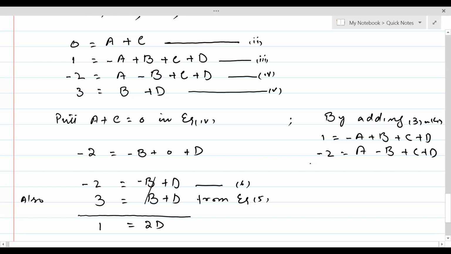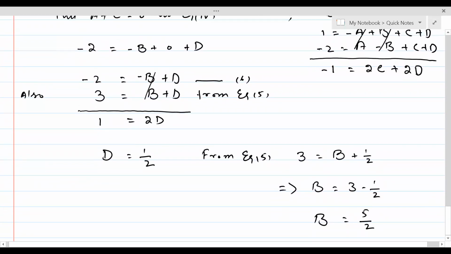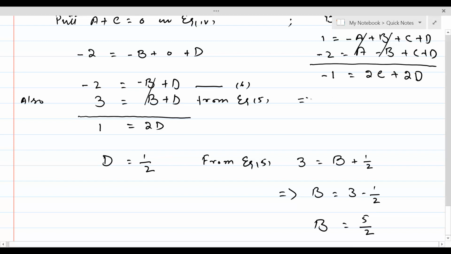So when we add this up, a and minus a are cancelled, b and minus b are cancelled. 1 minus 2 is minus 1, equal to 2c plus 2d. And because we have calculated the value for d, therefore we can get c. So minus 1 is equal to 2c plus 2 times d, which is 1 over 2. This means the 2 is cancelled with this 2. So 2c is equal to minus 1, and the other minus 1 goes to that side. This gives us c is equal to minus 1.